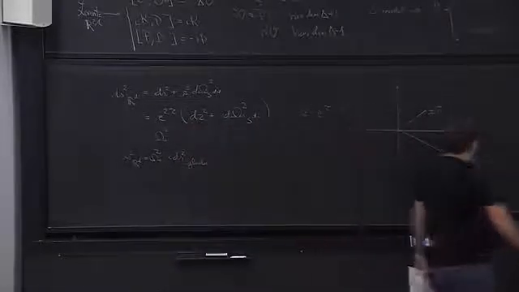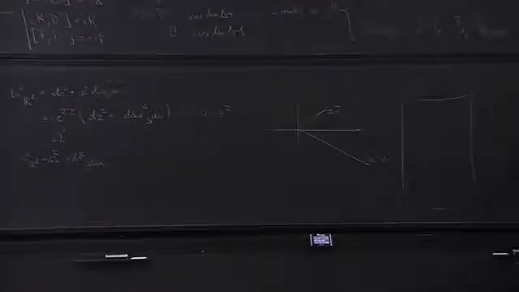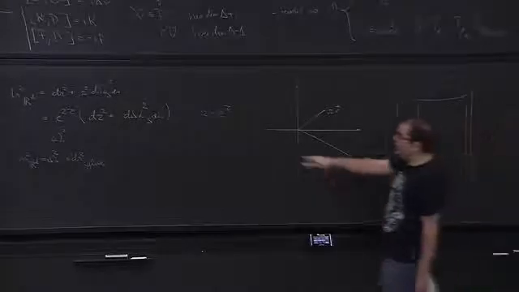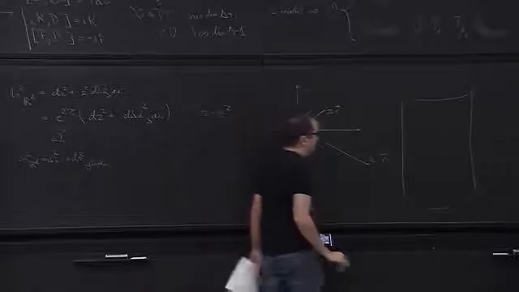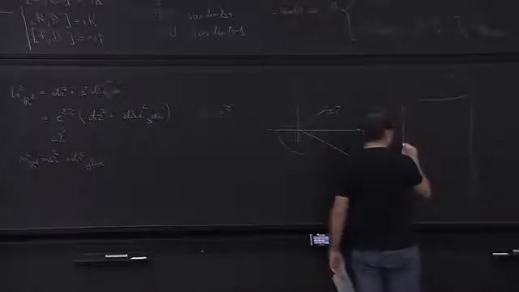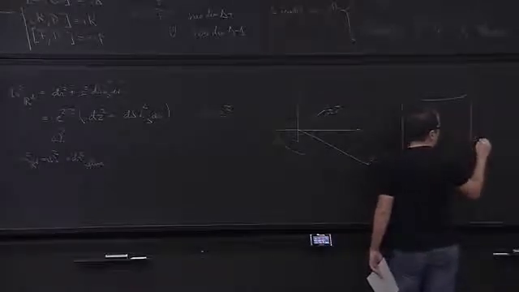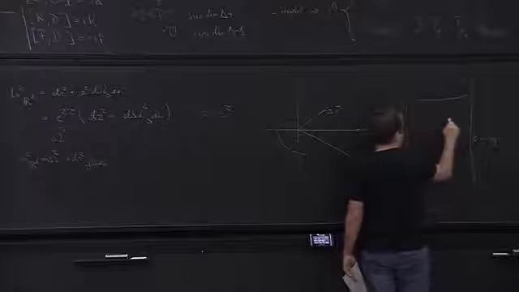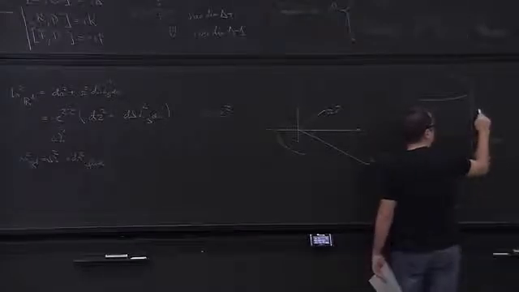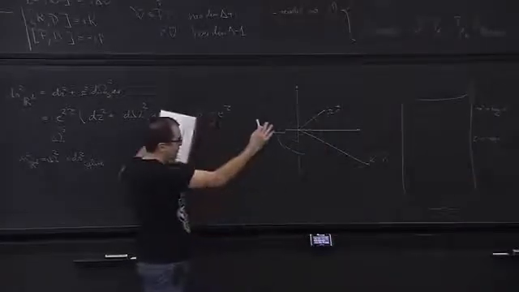Now, when I map it to the cylinder, what happens in the cylinder? I remind you that tau going to minus infinity is the origin, and then I'm doing radial evolution. This is time evolving, right? So there would be here some slice at some tau, which is log of r, and some other slice here at some time tau prime, which is log of r prime, some later tau, right, some bigger circle.